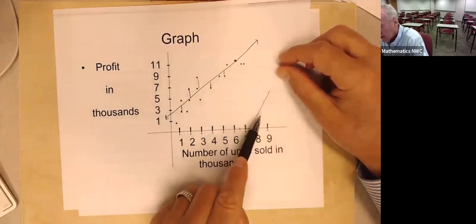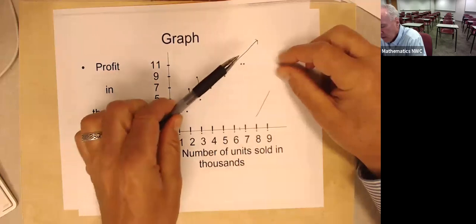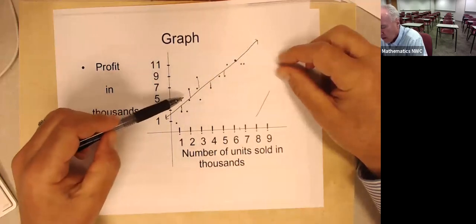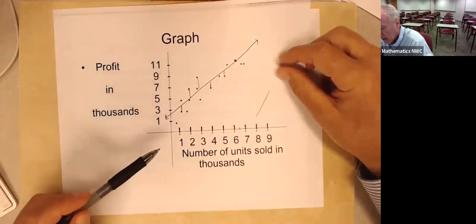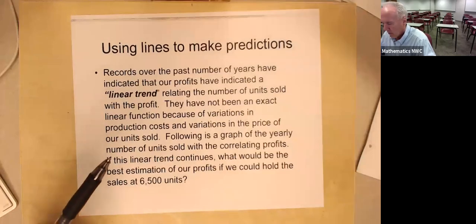So for example, this line, these errors would have been huge amounts. Getting the best line would minimize all of these errors. That's what really is taking place mathematically to get this equation of a line.